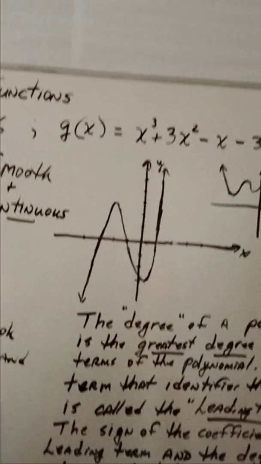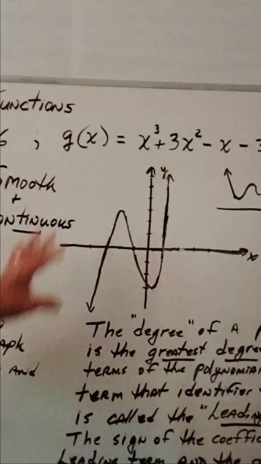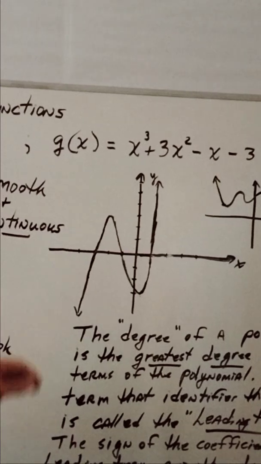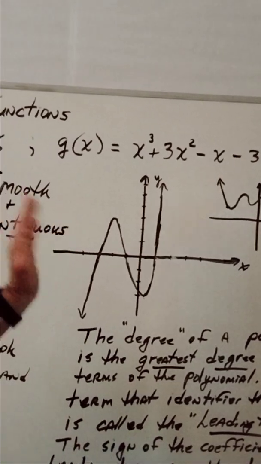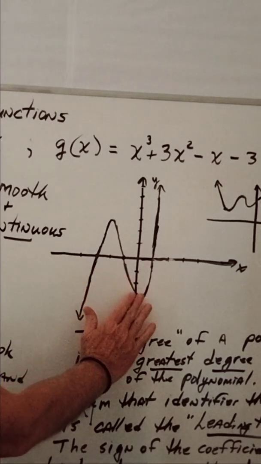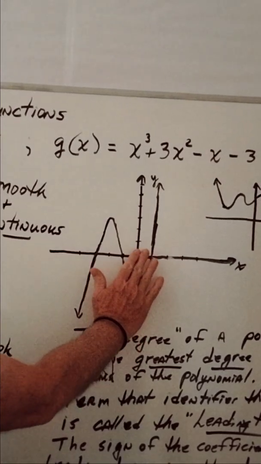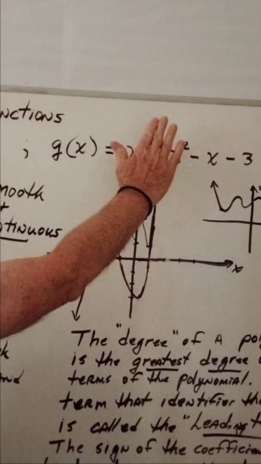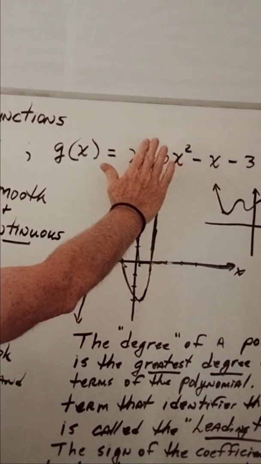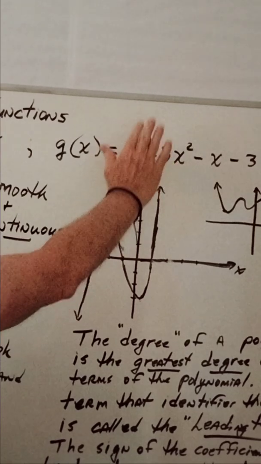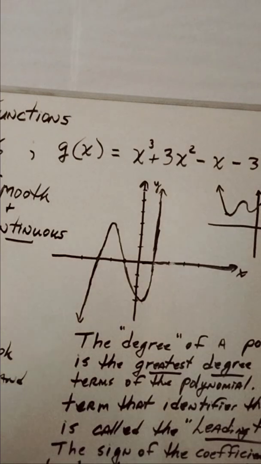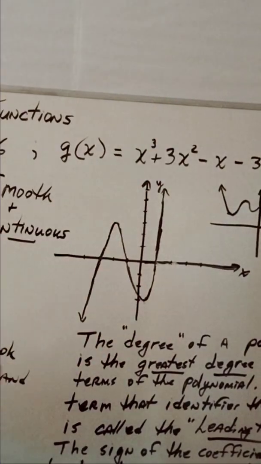And I guess the one thing that I kind of want you to see about this graph is, if you look at the far right of the graph, sooner or later we see that this graph is rising to the right. And it's going to keep going to the right boundlessly. It'll never end. And it'll continue to go up and rise to the right.